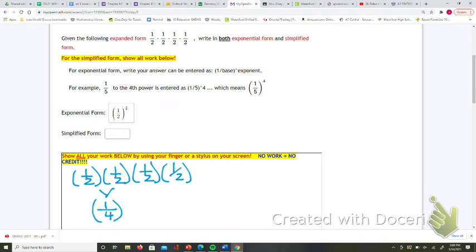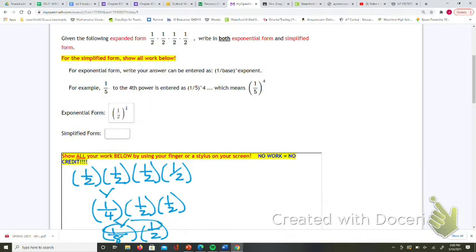So 1/2 times 1/2 is 1/4, times 1/2 times 1/2. Okay, now we have to do 1/2 times 1/4. So we multiply 1 times 1, and we get 1, and then 4 times 2, and we get 8. So we have 1/8 times 1/2, and then we have to multiply those.